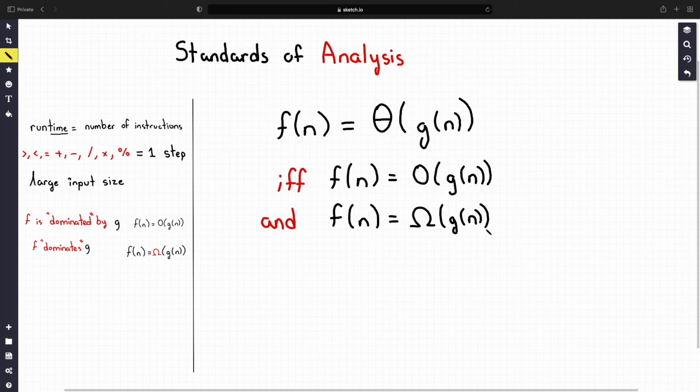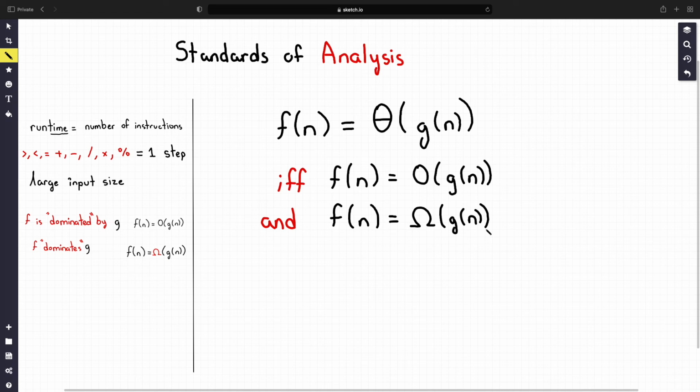So if you think about that for a second, what that means is that f necessarily has to be in the same class of functions as g, right? Because if we were to translate this, f equals O of g means that f is smaller than some multiple of g, and f equals omega of g means that f is greater than some fraction of g. So f is in between a multiple of g and a fraction of g. So it is g with another coefficient and possibly other negligible terms.